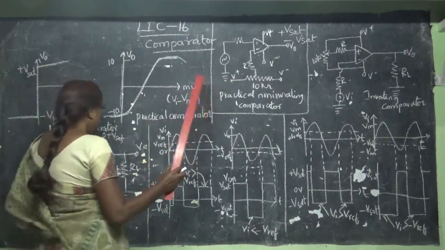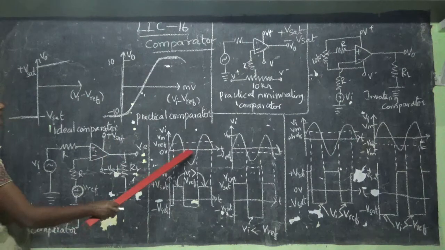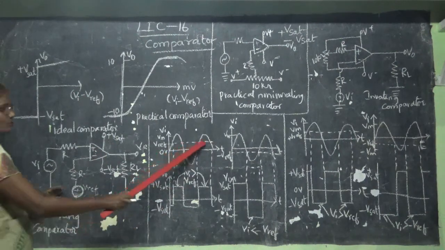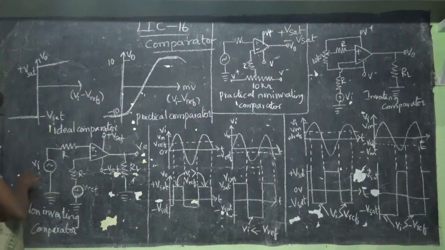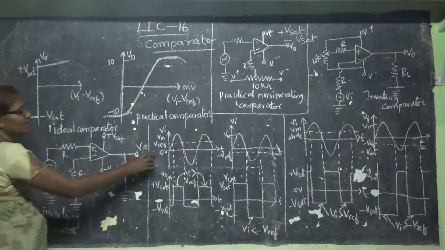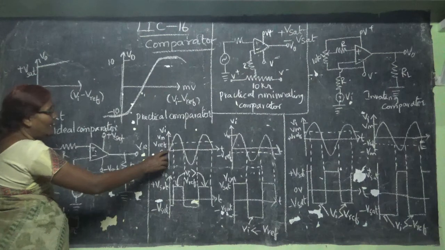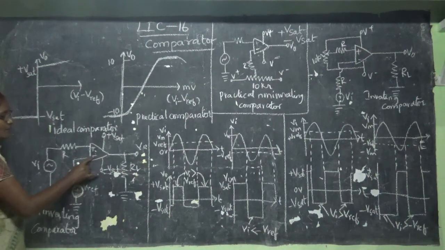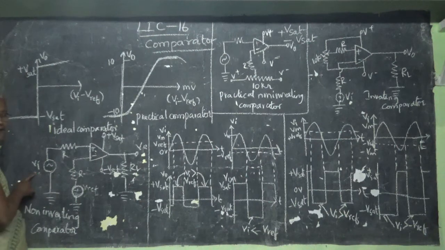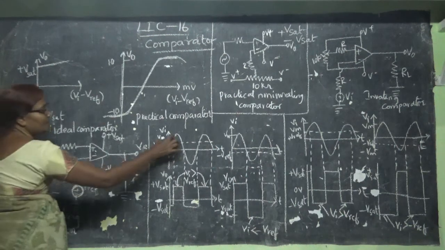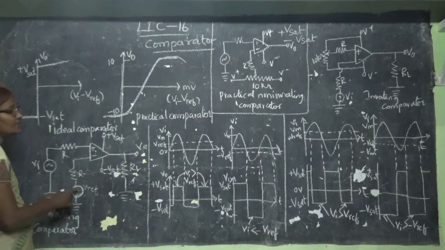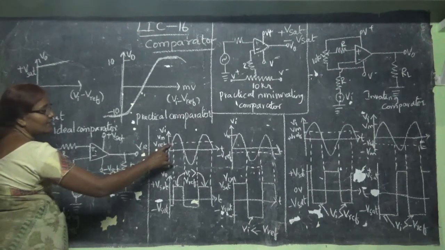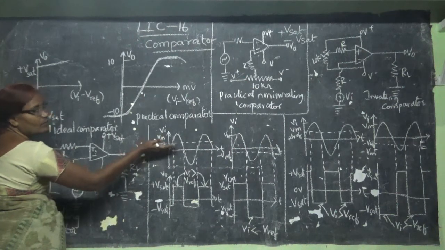Now, here we will observe this waveform. Let me tell you how it comes. Suppose my input Vi starts from 0. This is the non-inverting input Vi, which is nothing but my sine wave, and here V reference is the voltage taken at this point, which is some positive value.